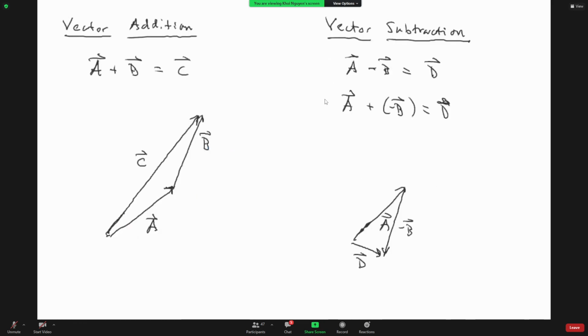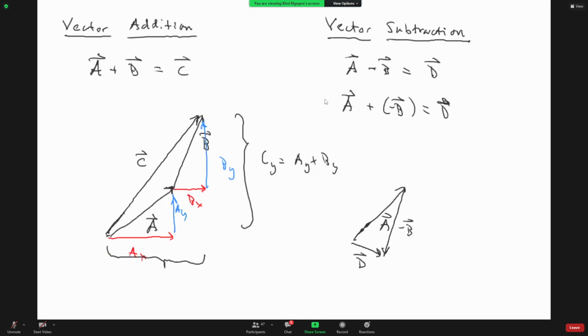Well, now we can take a look at each of the x components. We can break it up. Here's your ax. Here's your bx. Here's your ay. Here's your by. And what you end up getting to find cy is simply ay plus by.